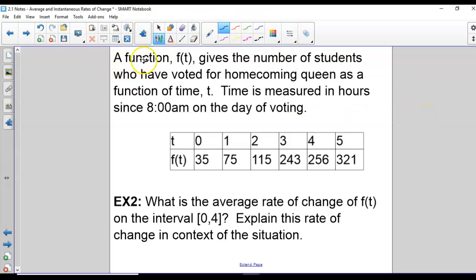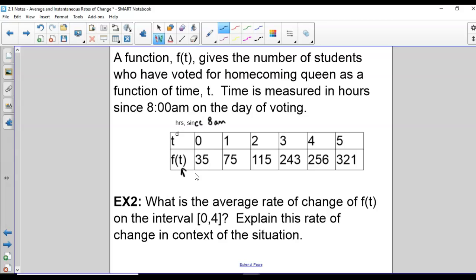So a function f of t gives the number of students who have voted for homecoming queen as a function of time t. Time is measured in hours since 8 a.m. So the t right here, they just put a t on here, but I could write this is hours since 8 a.m. And then, what does the f of t stand for?